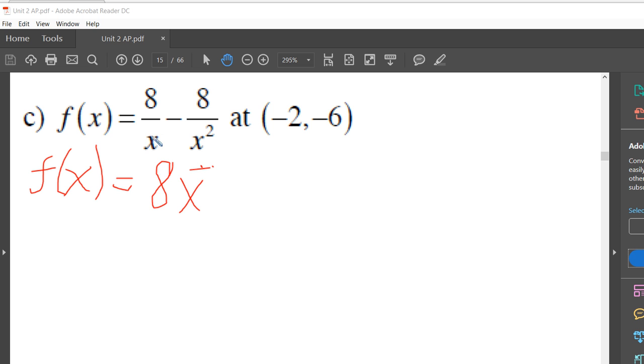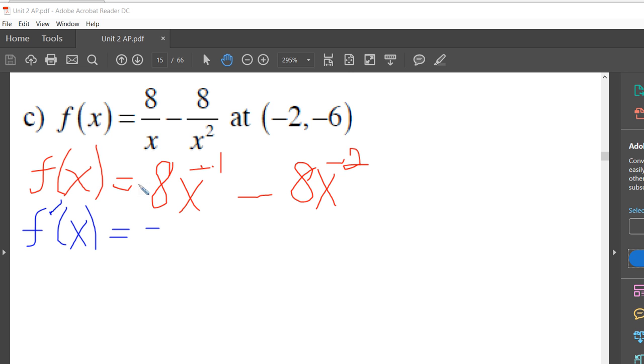Minus 8x to the negative 2. Now let's take the derivative, which gives us f prime of x equals negative 8x to the negative 2 plus 16x to the negative 3.